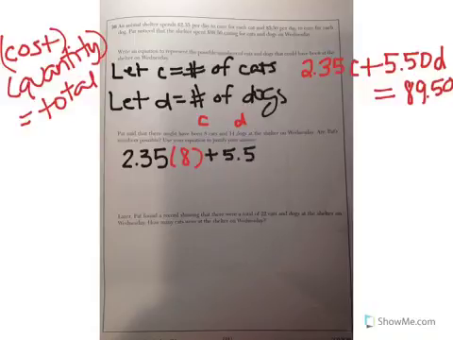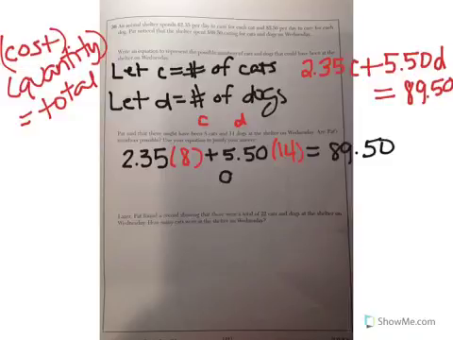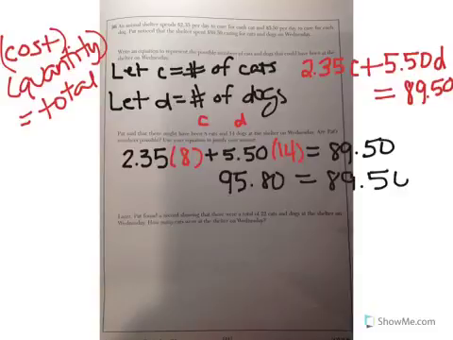5.50 times the number of dogs, they said was 14, and it will all equal $89.50. So we need to see if this is true. So when you multiply and add, you'll end up with 95.80 equals 89.50.